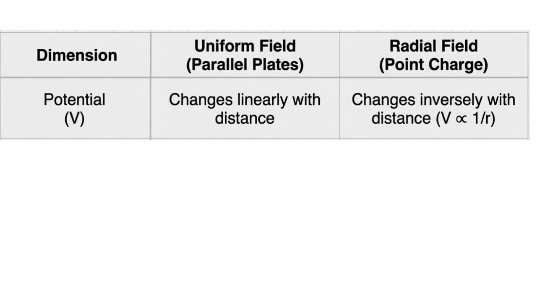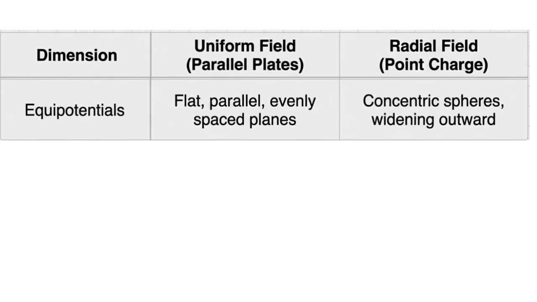On the other hand, for a radial field, which comes from a point charge, the electric field decreases with the square of the distance from the charge, meaning it gets weaker rapidly as you move farther away. Similarly, the potential in a radial field changes inversely with the distance, so it drops off more gradually compared to the electric field. Keeping these distinctions in mind helps when analyzing different electrical environments and how charges and potentials behave.